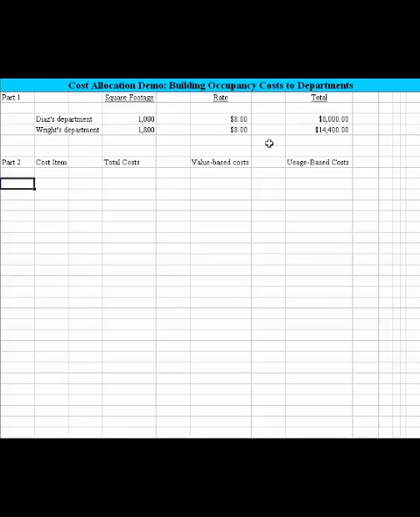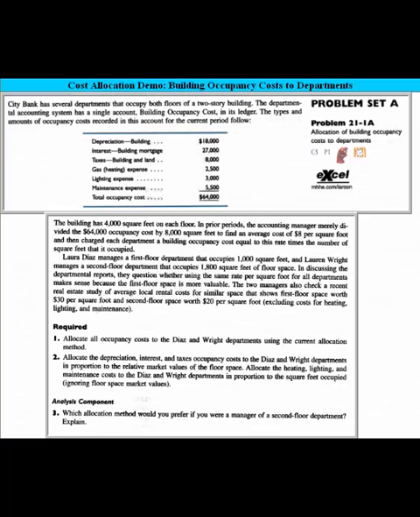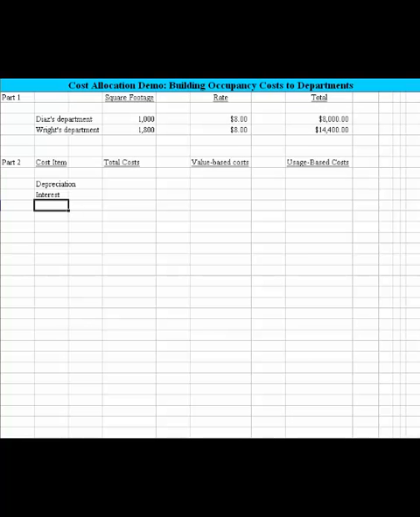I've changed the columns a little bit since you last saw it on your screen. Let's work through part two. Well, we have to consider depreciation, right? We have to consider interest. As you can see, I'm just reading right down the items that we have to consider. We have taxes.